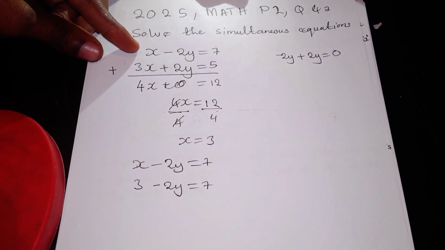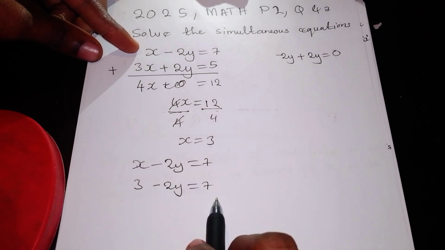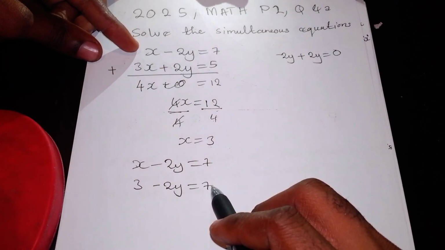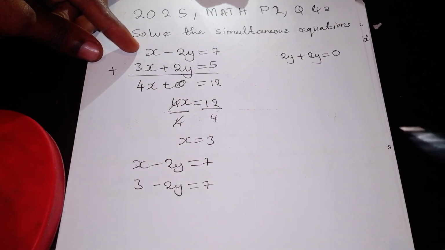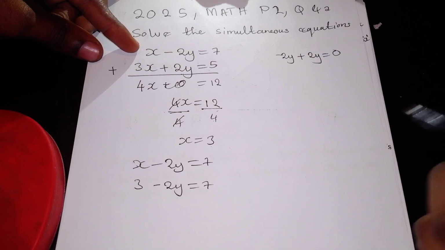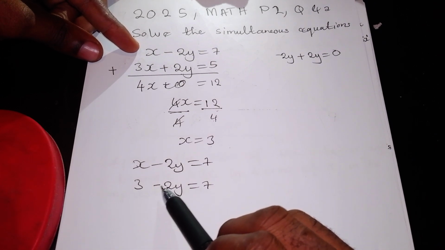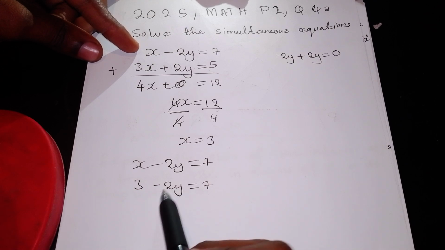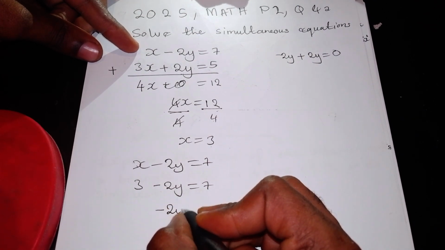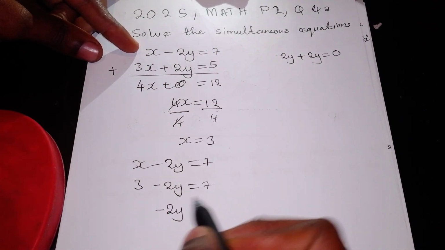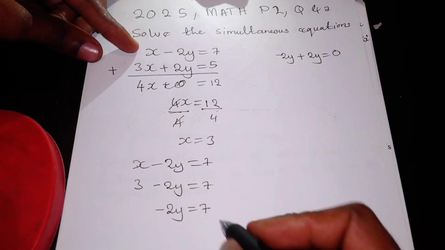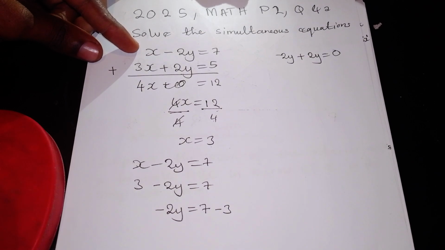You know that x is 3, so you can put a 3 there, then minus 2y is equal to 7. At this point, you can either take the 2y to this side, or you can take the 3 to the other side. Normally we take the 2y to the right hand side, just to avoid having a negative sign on the 2y. But for me, I'll just leave this one like this, so it will remain a negative 2y, and then I'll leave the 7 there and take the 3 to the other side, so that I have this.